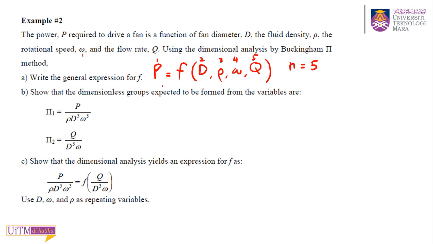When you write the primary dimension, pi 1 will be M0 L0 T0, and this will be equal to P over the rest. What's the primary dimension for power?